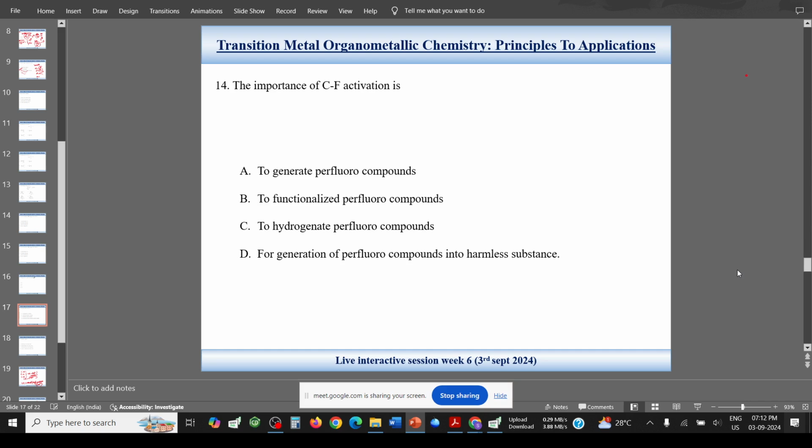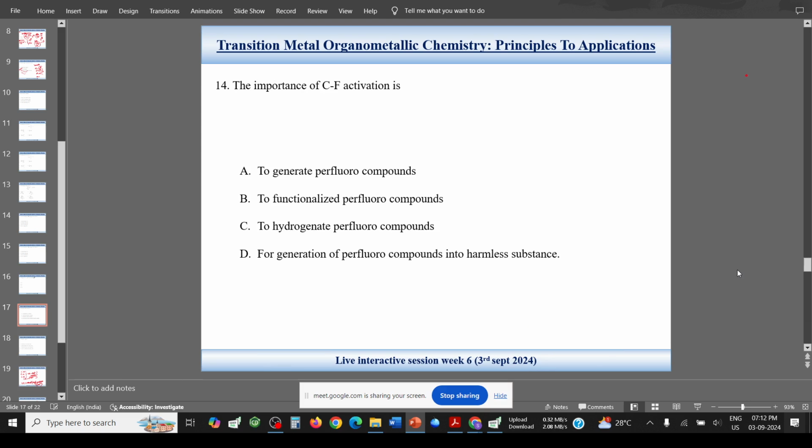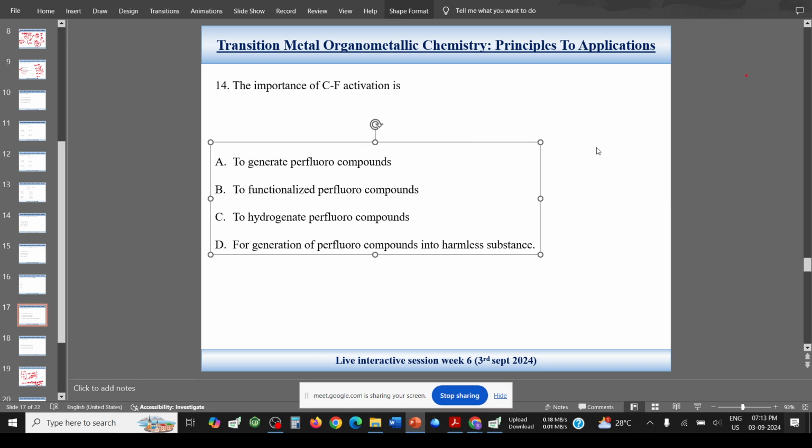Next question, or I think one more question is there. This is the second last question. What will be the correct answer? This is again on that CF activation.